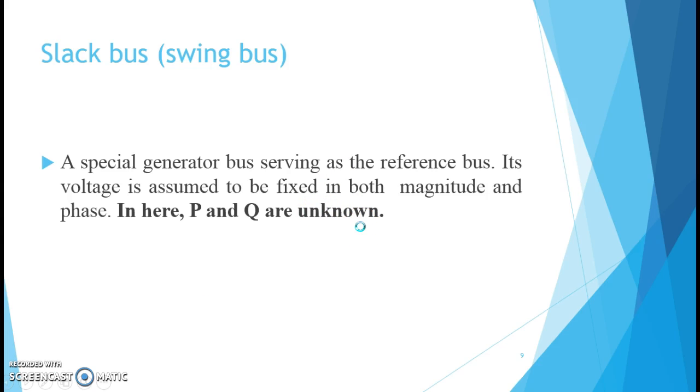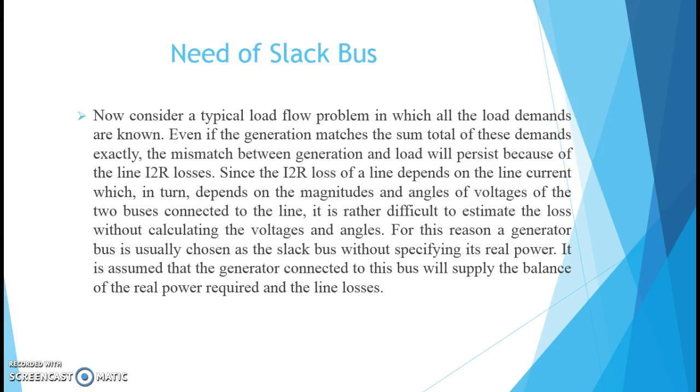Next we will see the need of the slack bus. Simply, the need of the slack bus is to account for the line losses. For balanced power system operation, the generation should meet the load demand as well as the line loss. But the line loss depends upon the line current, which mainly depends upon the voltage magnitude and angle of the bus. Without knowing these values, we cannot calculate the line losses.